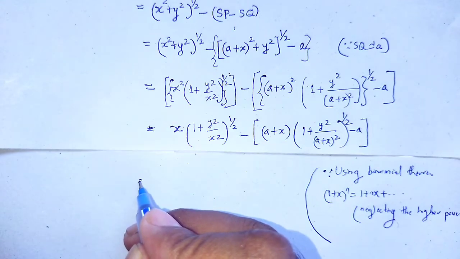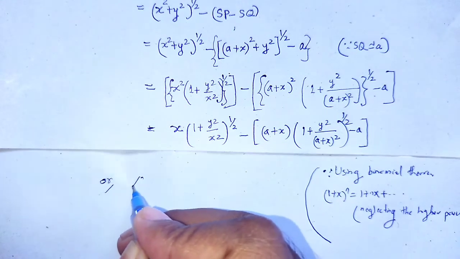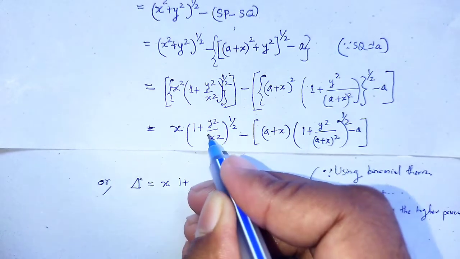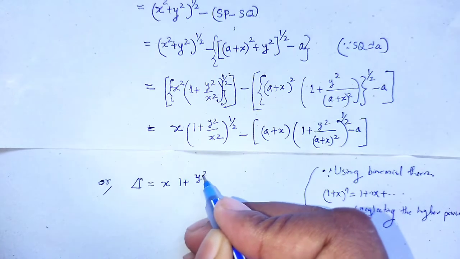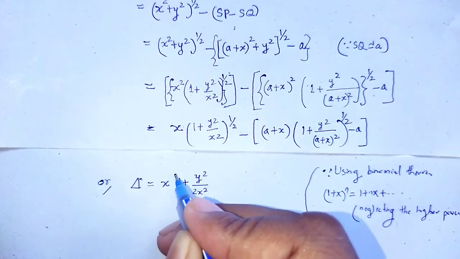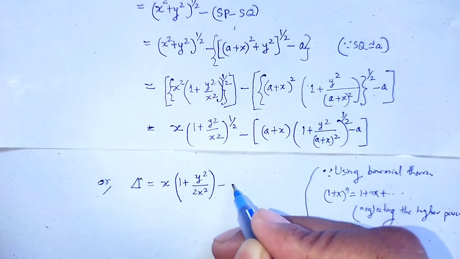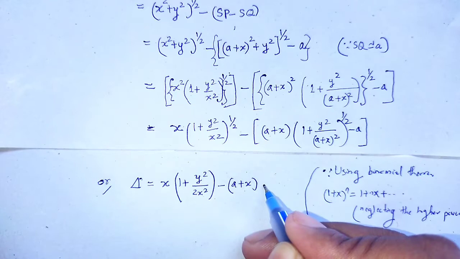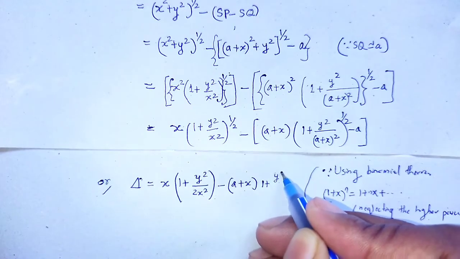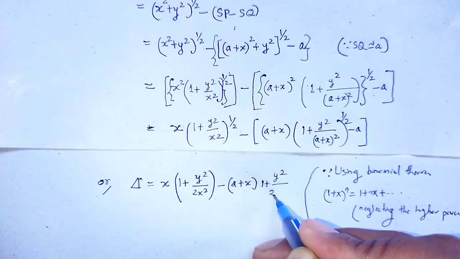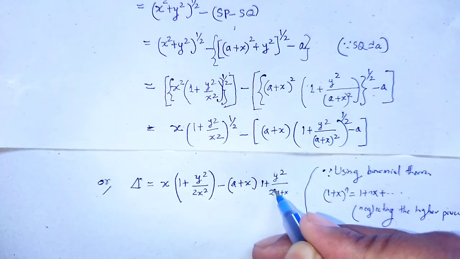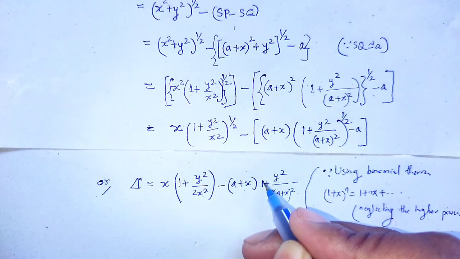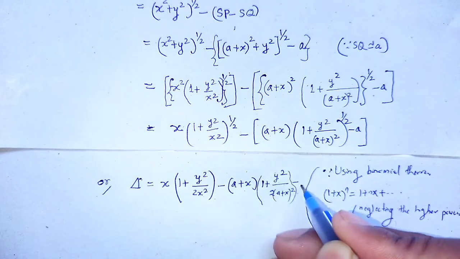The path difference delta is then equal to x times 1 plus y square divided by 2x square, minus a plus x times 1 plus y square divided by 2 times a plus x square, minus a.